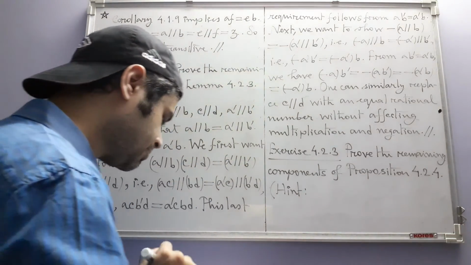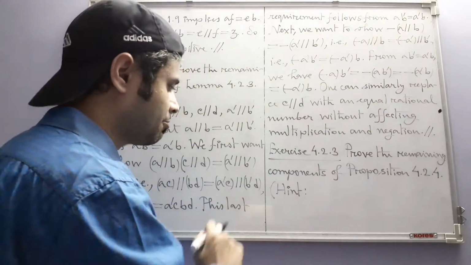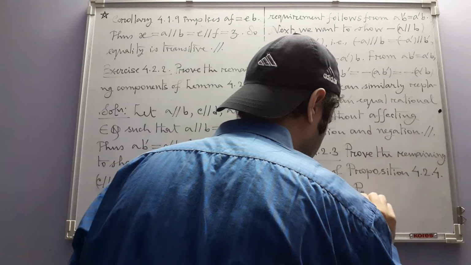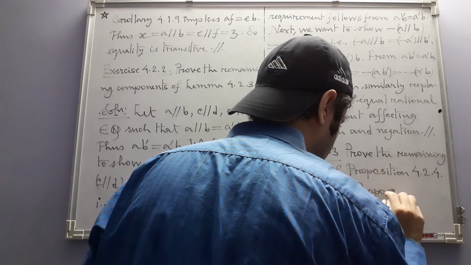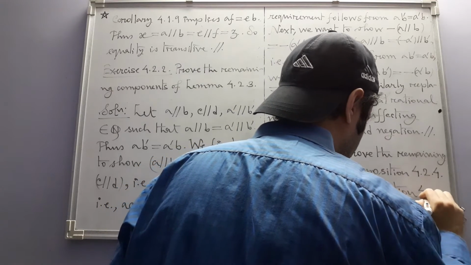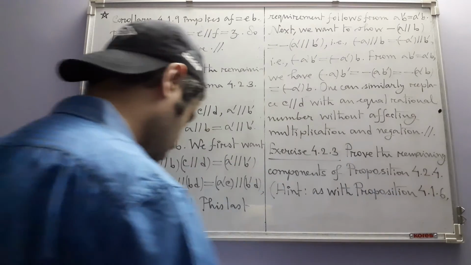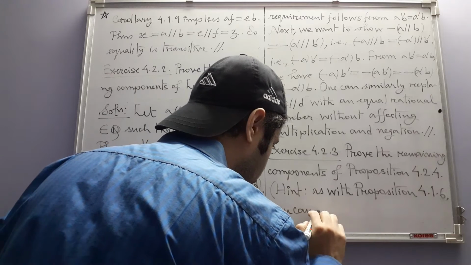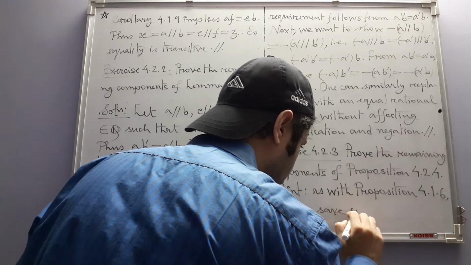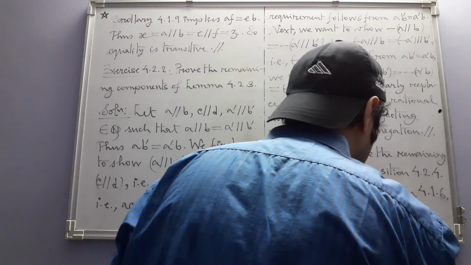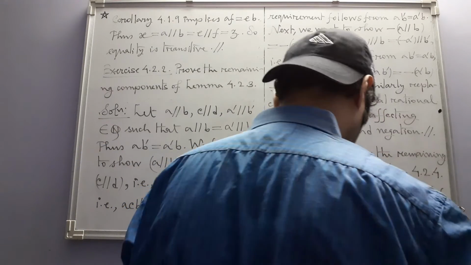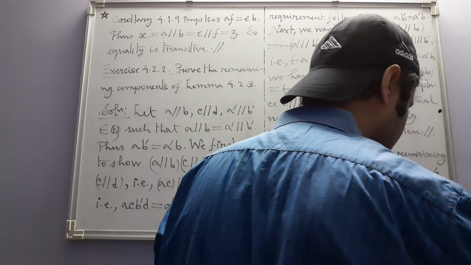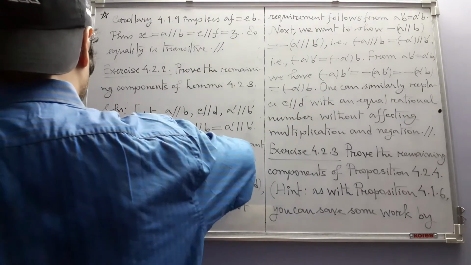Hint, as with proposition 4.16, the laws of algebra, you can save some work by using some identities to prove the others.